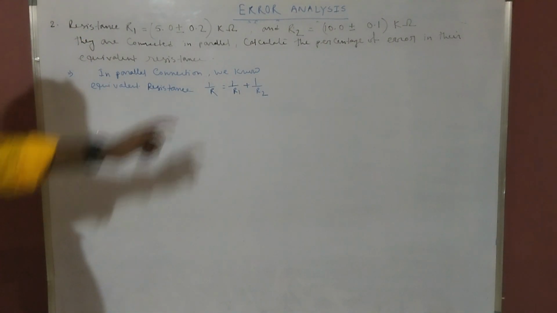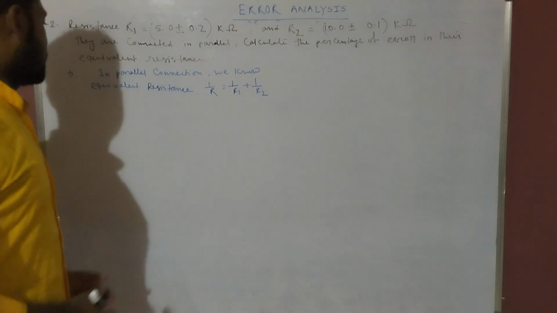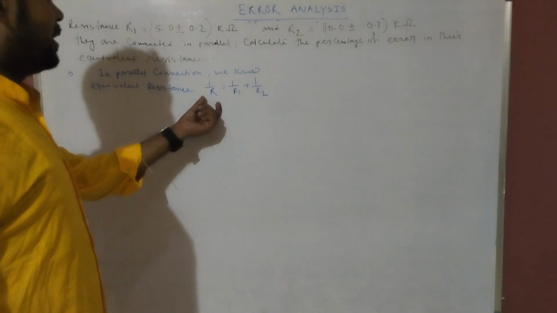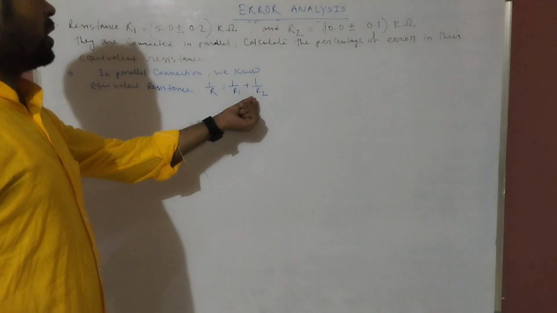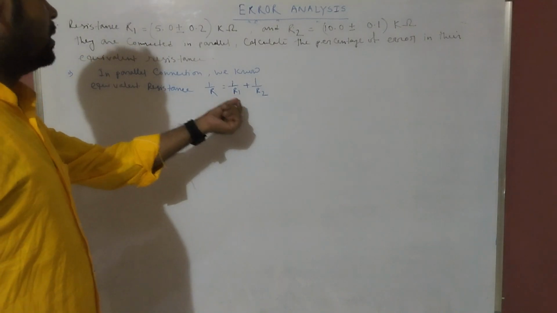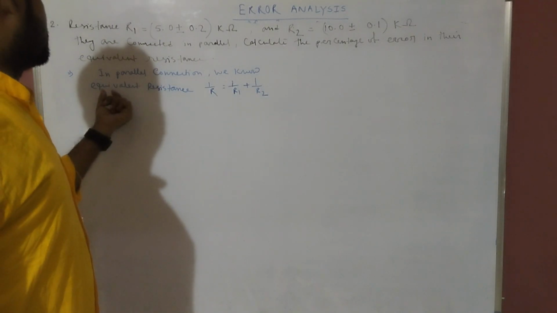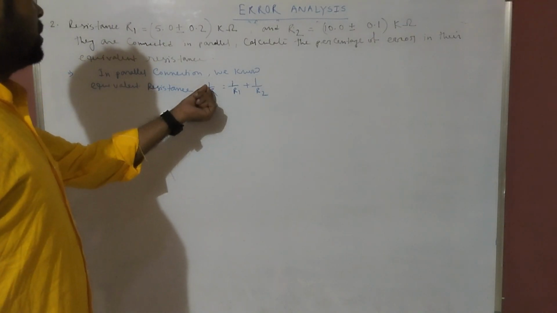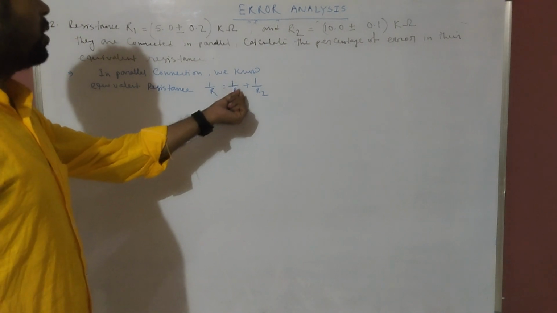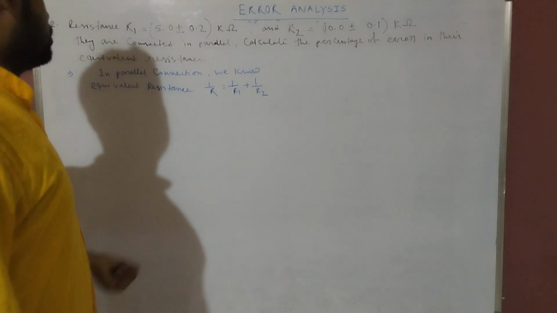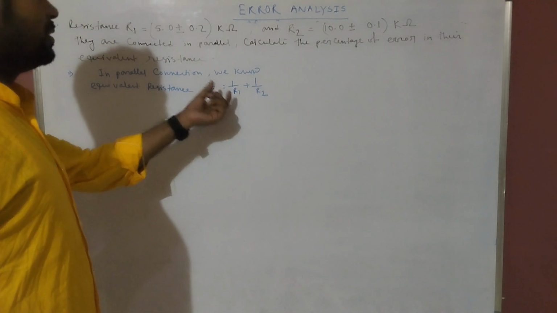We all know this. If R1 and R2 are connected in parallel, then 1 by R is equal to 1 by R1 plus 1 by R2. We can express this formula in this way.